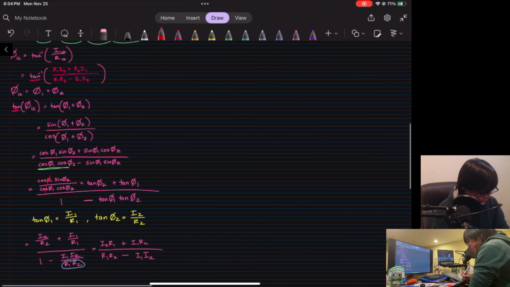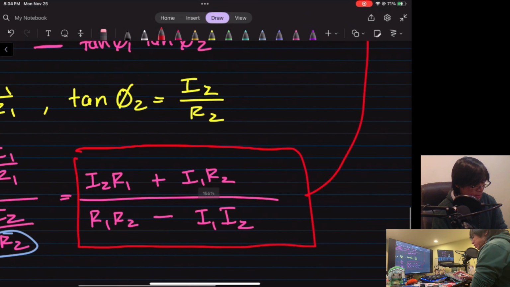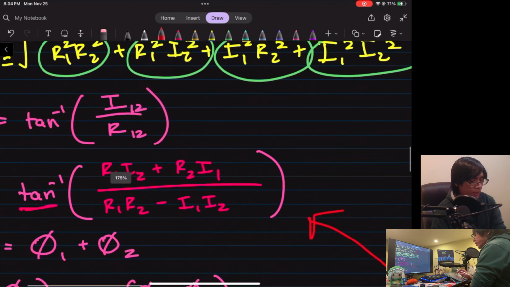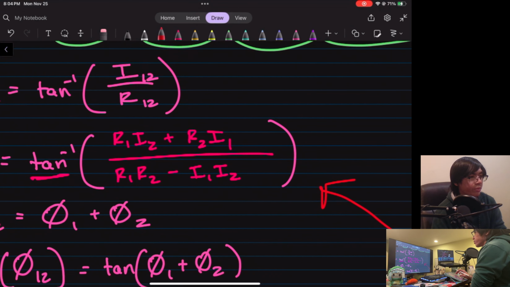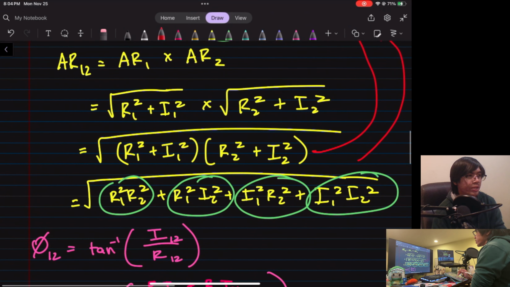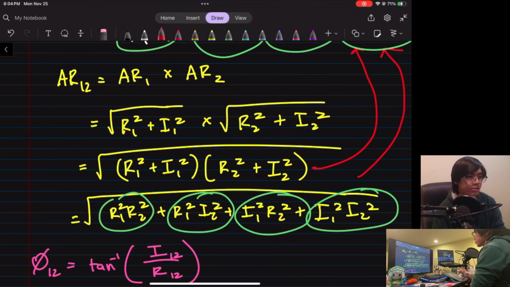So just a little bit different order with the imaginaries in front. But these two are actually the same. So the two different combinations of the real and imaginary over the real minus the imaginary. And looks like, yeah, that's exactly what we got. So we just proved that for amplitude ratios, if they're transfer functions in series, the amplitude ratio is simply the product of the two amplitude ratios of the overall transfer function, I should say.